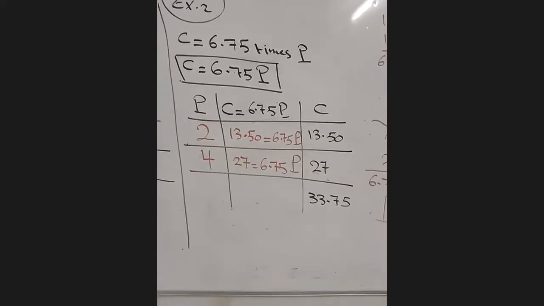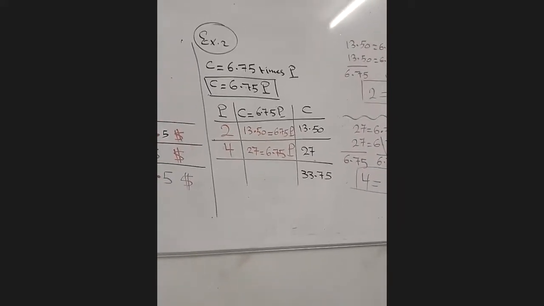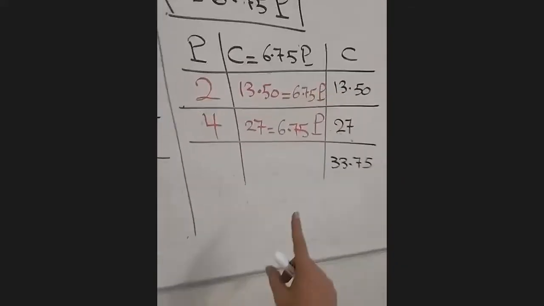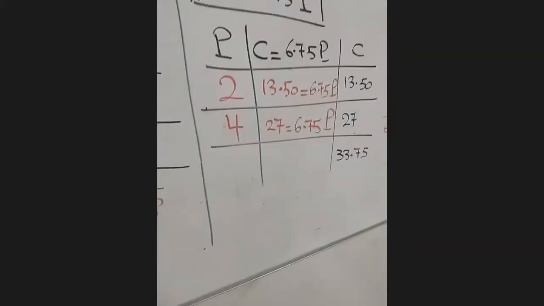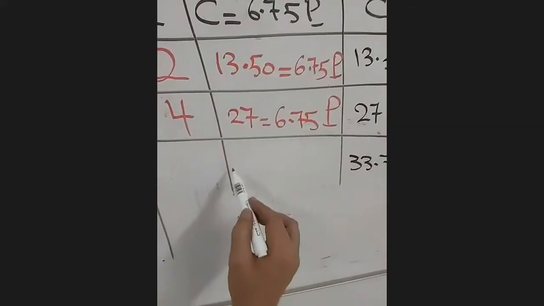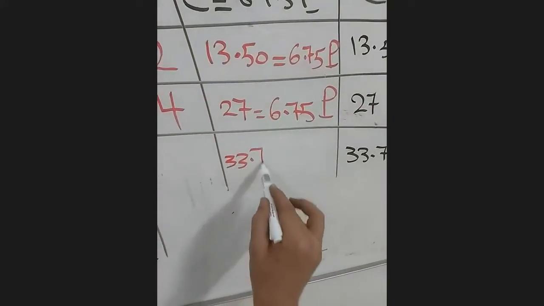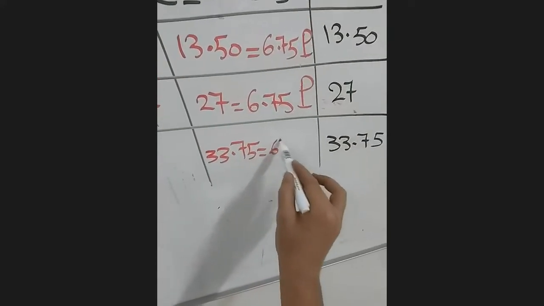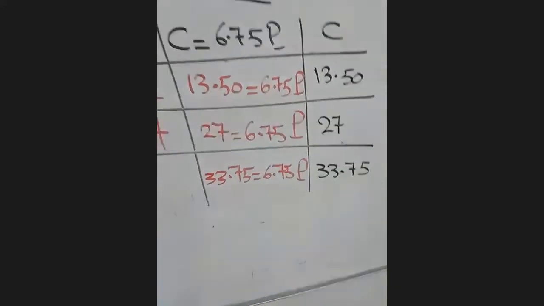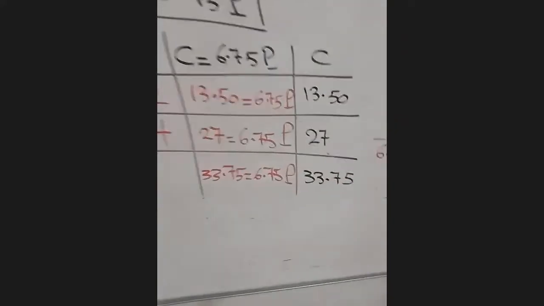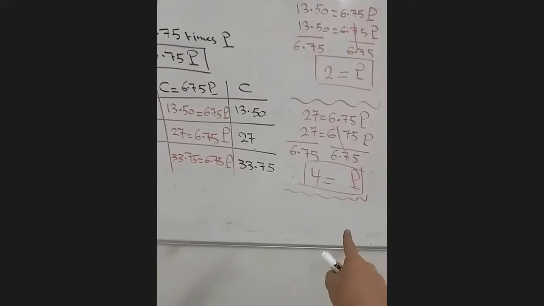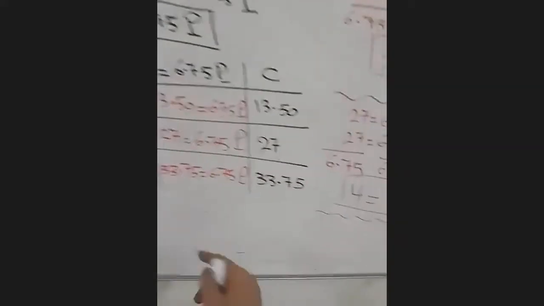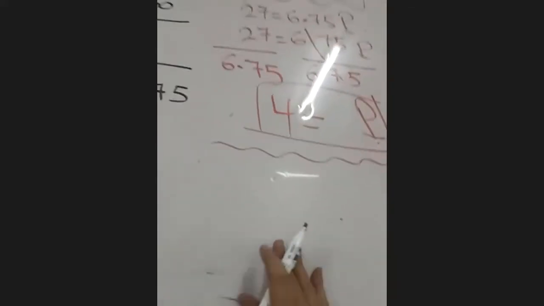Next, Marwan. What will I write here? 33.75 equals 6.75p. This is a multiplication equation. Let's do it outside the table, then we'll put the answer here.